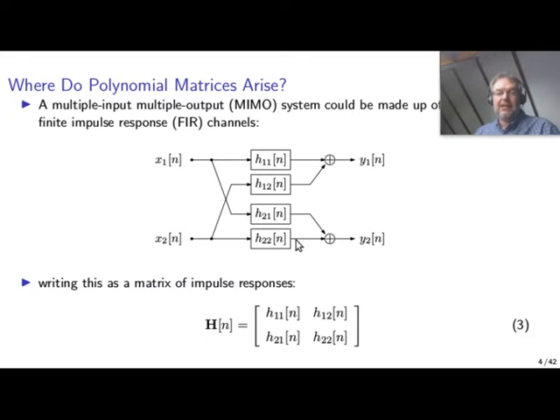So where can we encounter this? If you, for example, come from the communication side, then you often have to deal with multiple input, multiple output systems. So we have here two transmitters, X1 and X2, and two receive signals, Y1 and Y2. And each of the channels that connects a pair of transmitting receivers will have an impulse response. So these impulse responses, for example, are H11 of n.